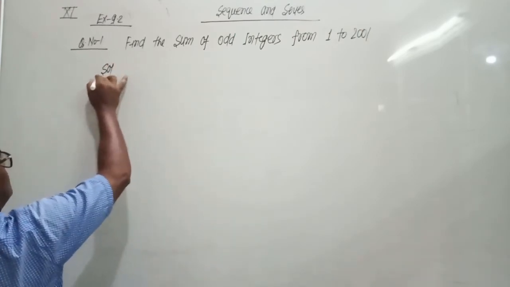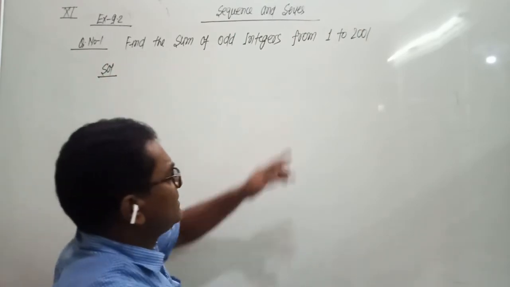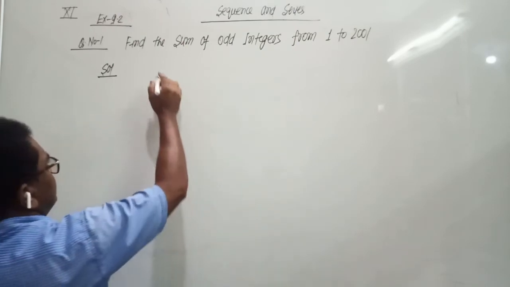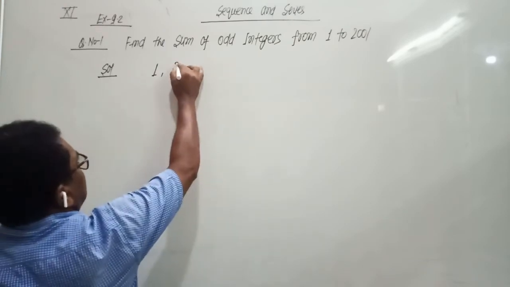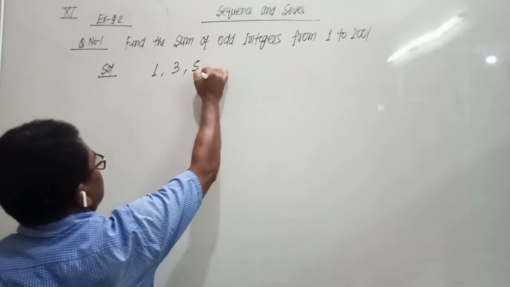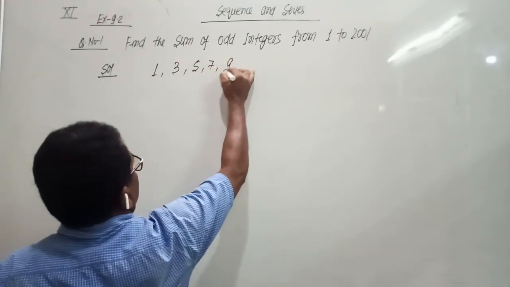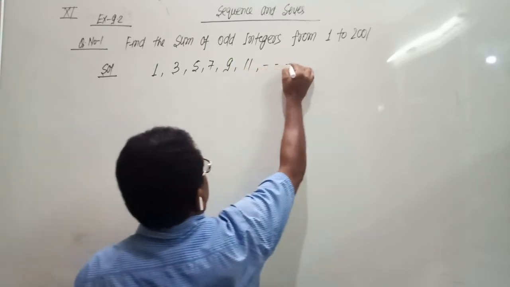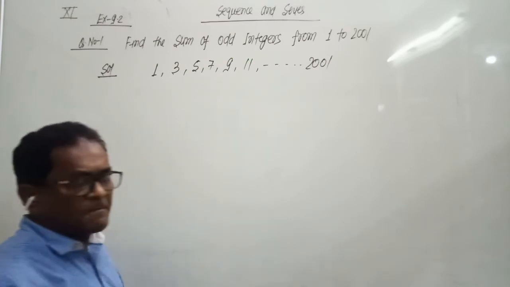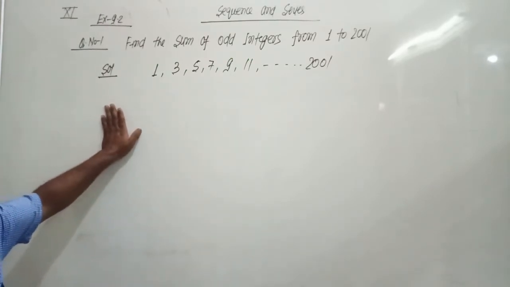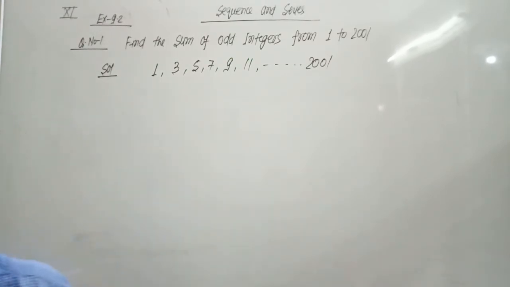So let us see how to do it. We are given the odd integers. It starts from 1: 1, 3, 5, 7, 9, 11, and so on. The last term is 2001. And we have to find the sum of all these terms.